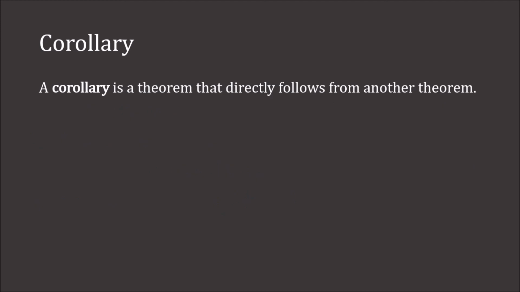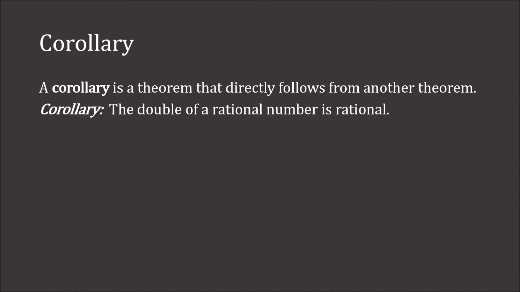So a corollary is simply a theorem that directly follows from another theorem. So the corollary we're going to look at is: the double of a rational number is rational. And since corollaries follow directly from already proven theorems, the proof of a corollary is typically extremely short.